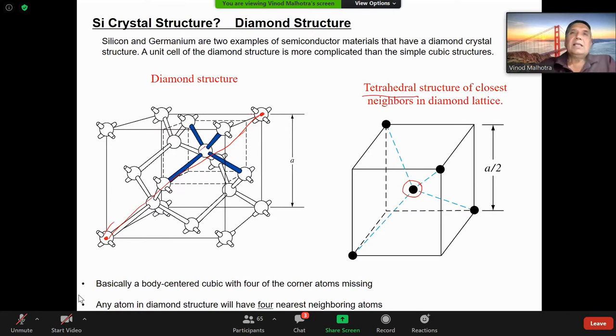So the inside atom, the 4 additional atoms that we're talking about, appears 1/4 the distance along the body diagonal. So this atom appears 1/4 along the body diagonal.